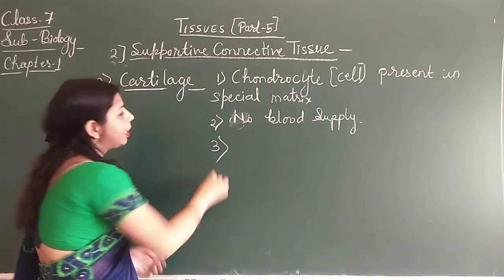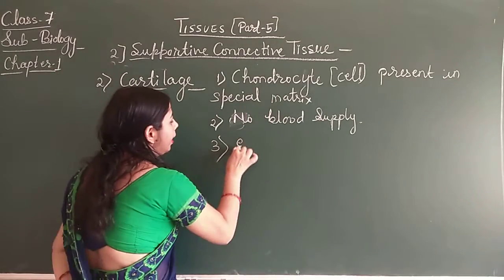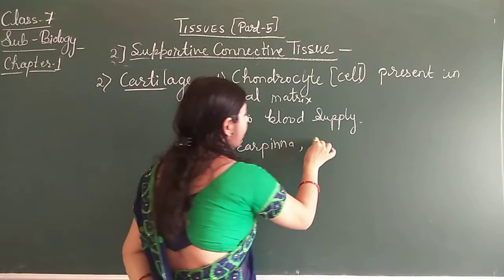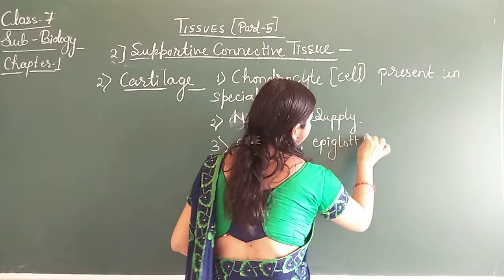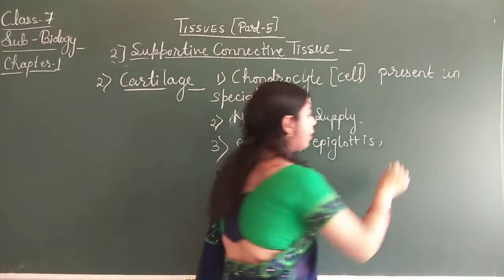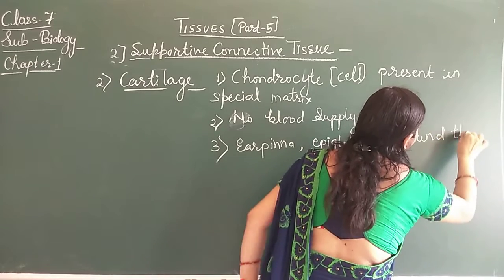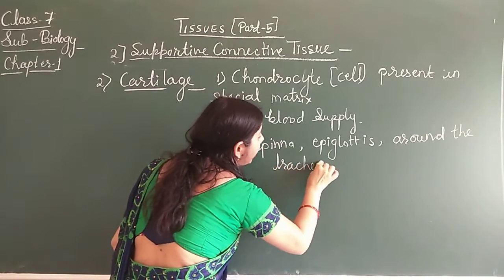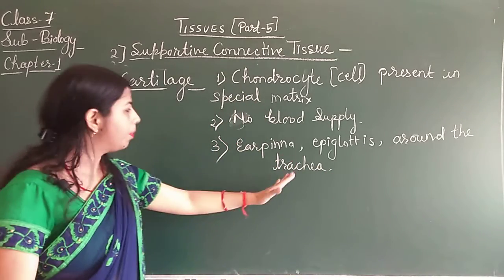Cartilage tissue is present in the ear pinna, epiglottis, around the trachea, and between the vertebrae.